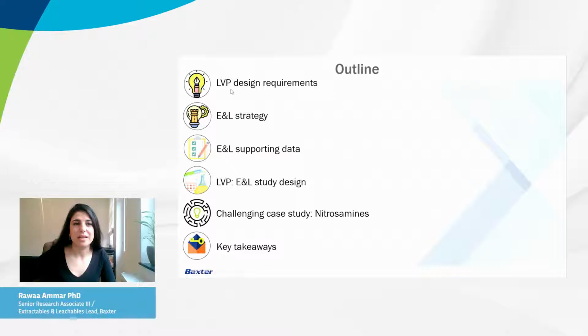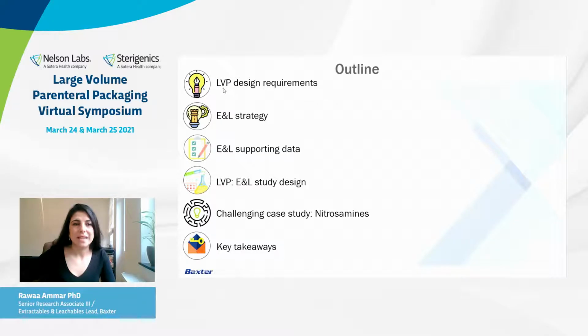So in the talk today, I will start by listing the design requirement for LVP and delineate the E&L strategy, specifically speaking to the required data, the supporting data that will help us in defining the design and qualifying an LVP, particularly talking to the E&L study design and naming some challenges.